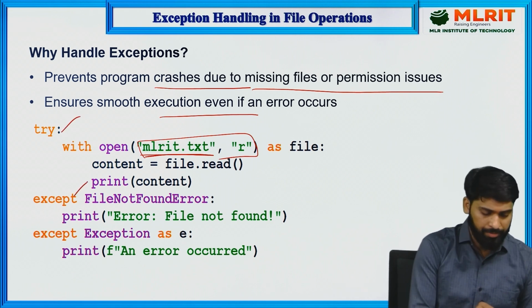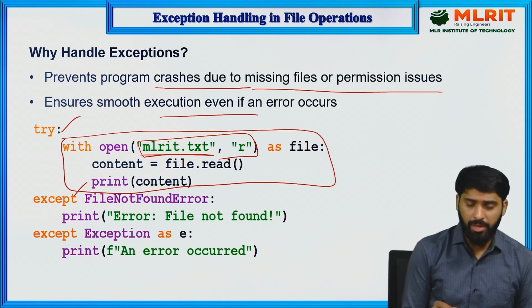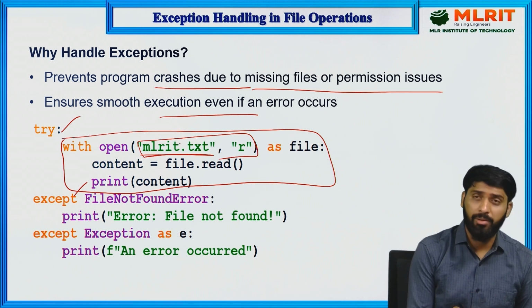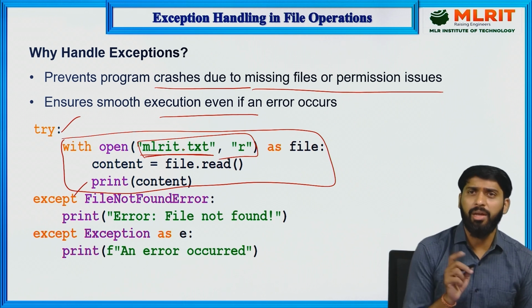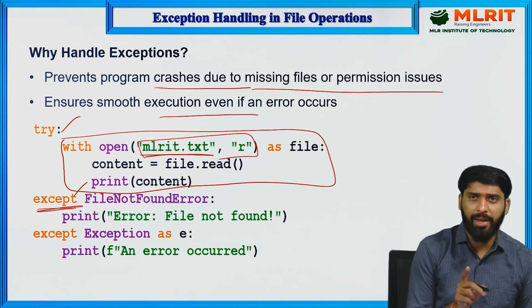Up to now, in the previous programs, we wrote programs like this, but here I expect some error in this code, that maybe the file is not available. Then it raises an exception that I handle with the help of the except block.